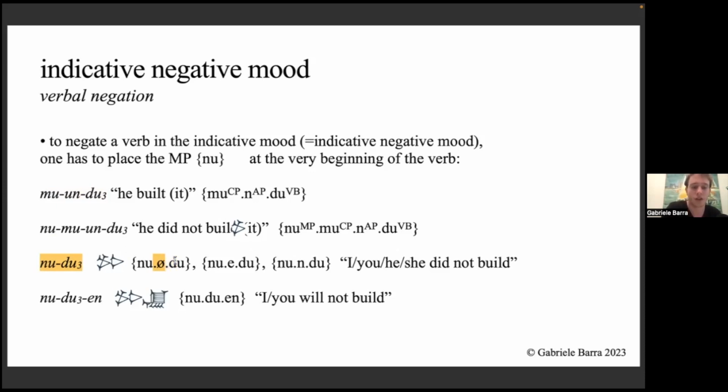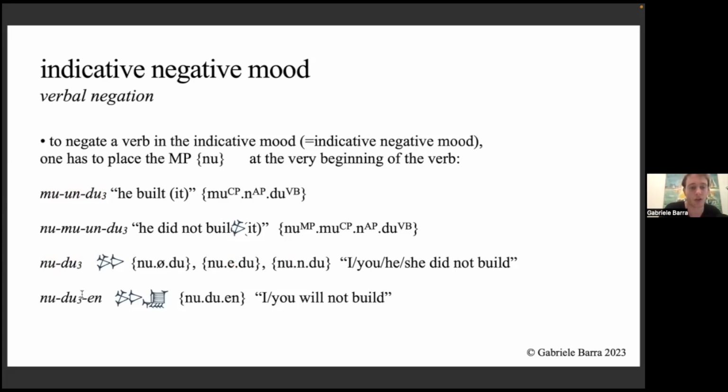Sometimes you have verbs that don't include the e, the second person singular prefix for the hamtu conjugation, and they also happen to leave out the n. So whenever you see the verb nu-du, you have to take into consideration that the n or the e might not be written. So again, the meaning is dictated by context.